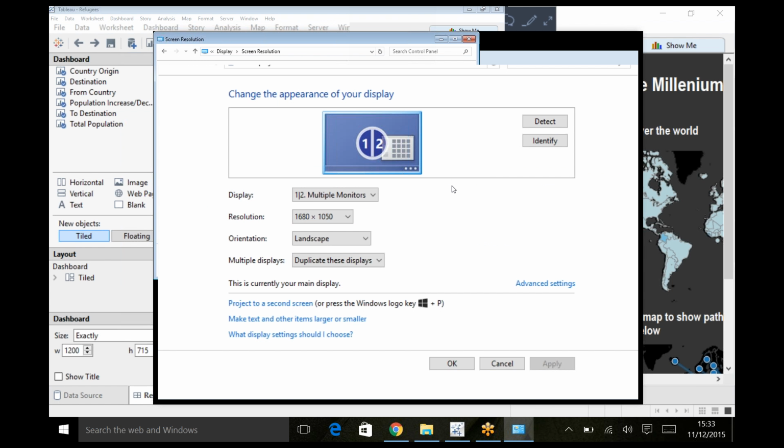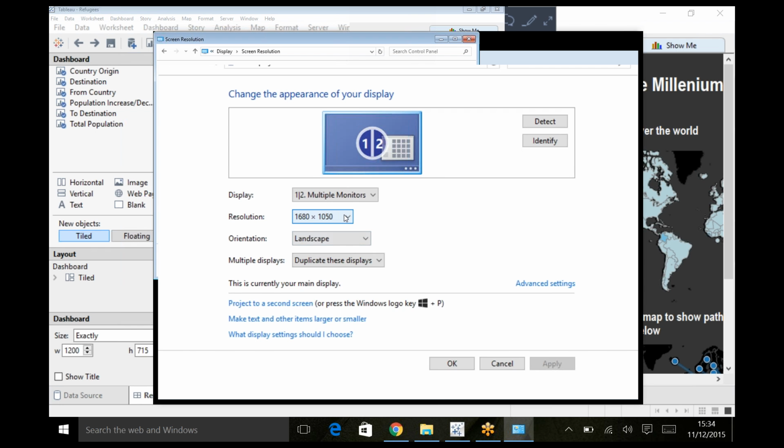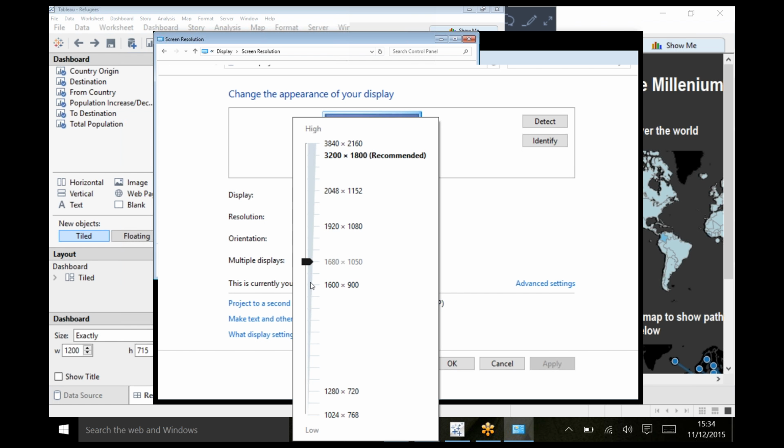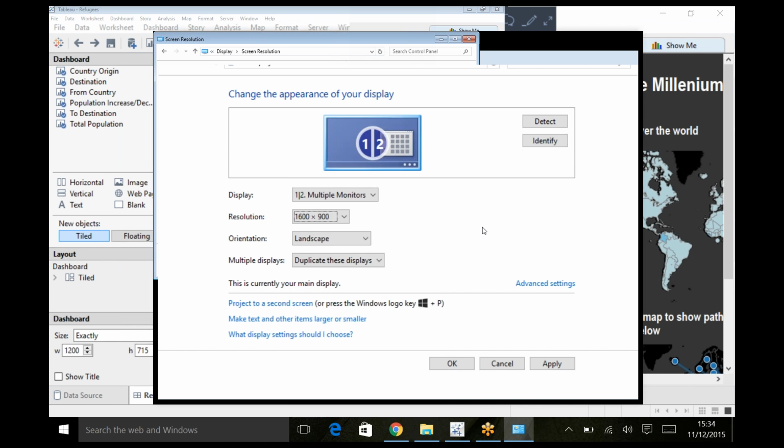It says detect. But you want to tell it to display multiple monitors and then duplicate. Okay, forget that. So just change this to what it was. Yeah, try that.